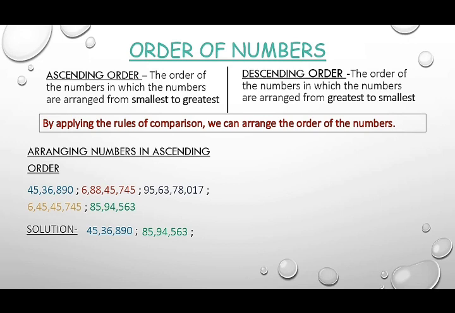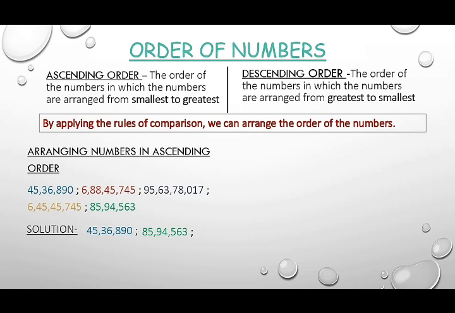Next we will compare the numbers with 8 digits. They are 6,88,45,745 and 6,45,45,745. Between these, 6,45,45,745 is smaller.